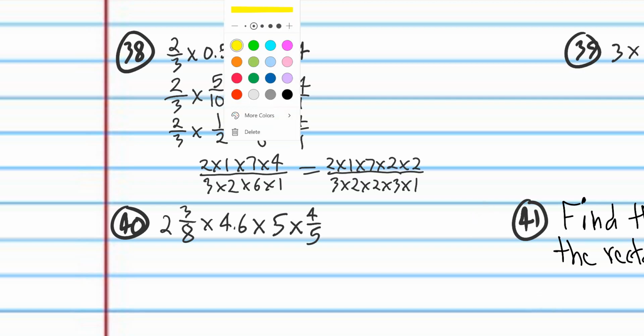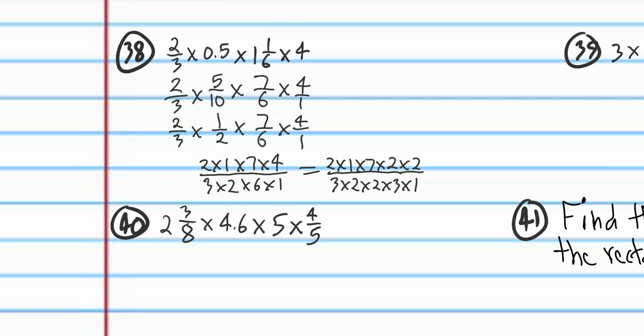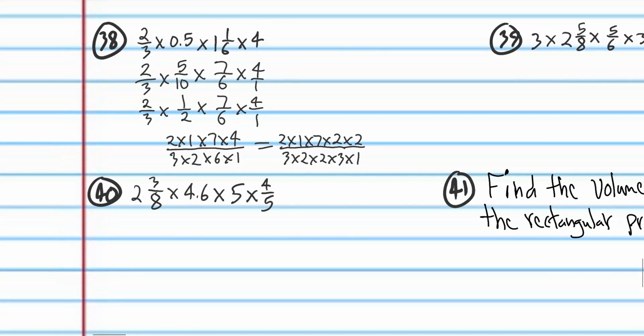It's been a while since we've done prime factorization, but maybe you remember that. So the reason I did that is because now I can see that there's a 2 on the top and a 2 on the bottom, and they cancel out. And there's a 2 on the top here and a 2 on the top there, so they cancel out. And so now I think that's about it.